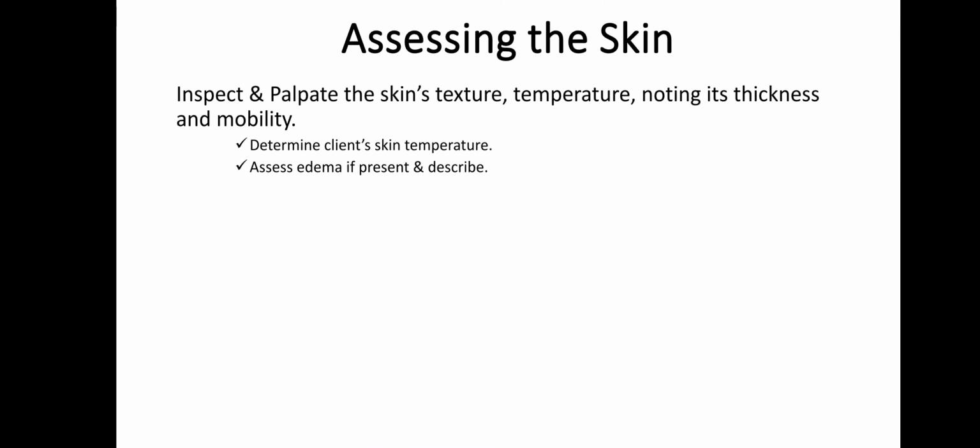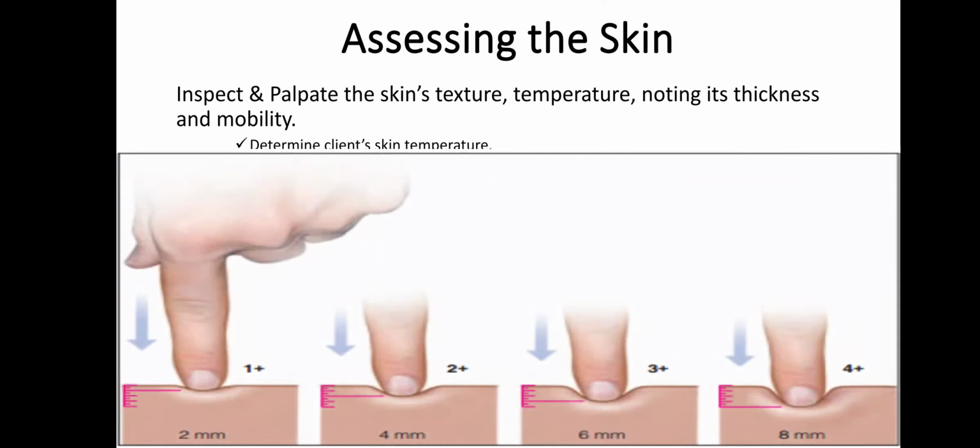So, next is assess edema if present and describe. So, ito po yung pag 1 plus, nasa 2 mm lang po yung pagbaba. Pag sabihin po nating edema kasi is the swelling of the skin. May namamaga or somewhat merong tubig na stuck sa ating interstitial spaces kaya nagkaroon ng edema.